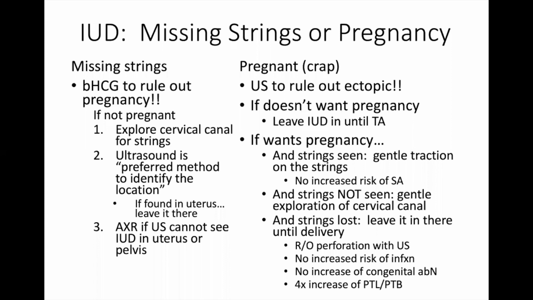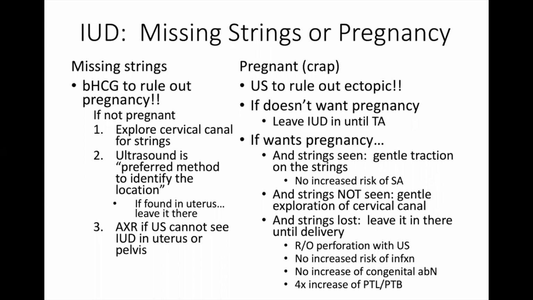So what do we do if the string is missing or if the patient is pregnant? If the string is missing, first thing we're going to do a beta HCG to rule out pregnancy. If she's not pregnant, then you can explore the cervical canal for the string. Ultrasound could be performed to identify if it's in the uterus or not.